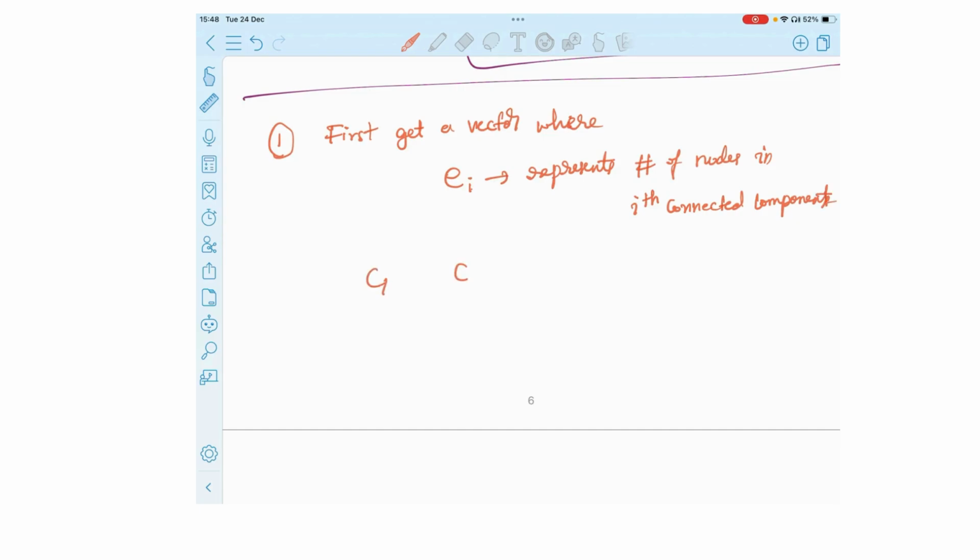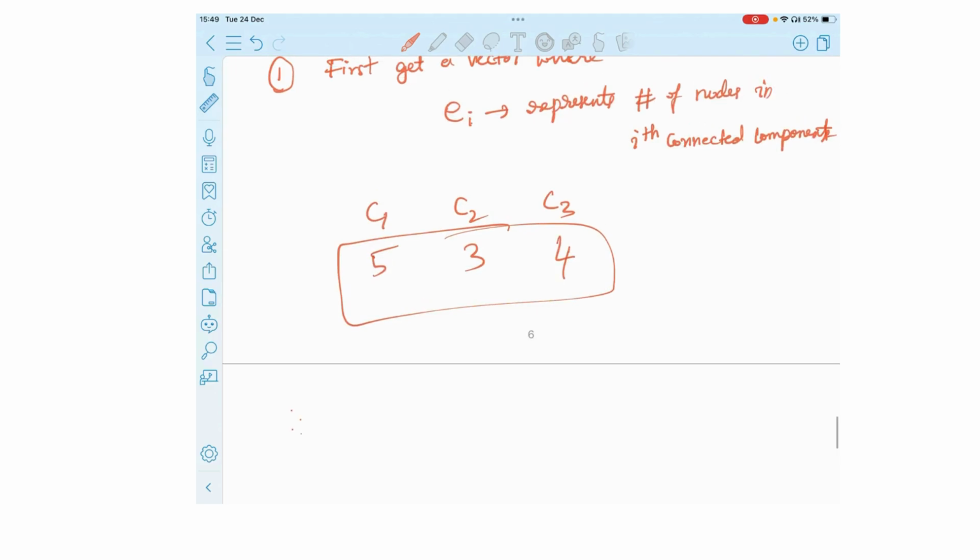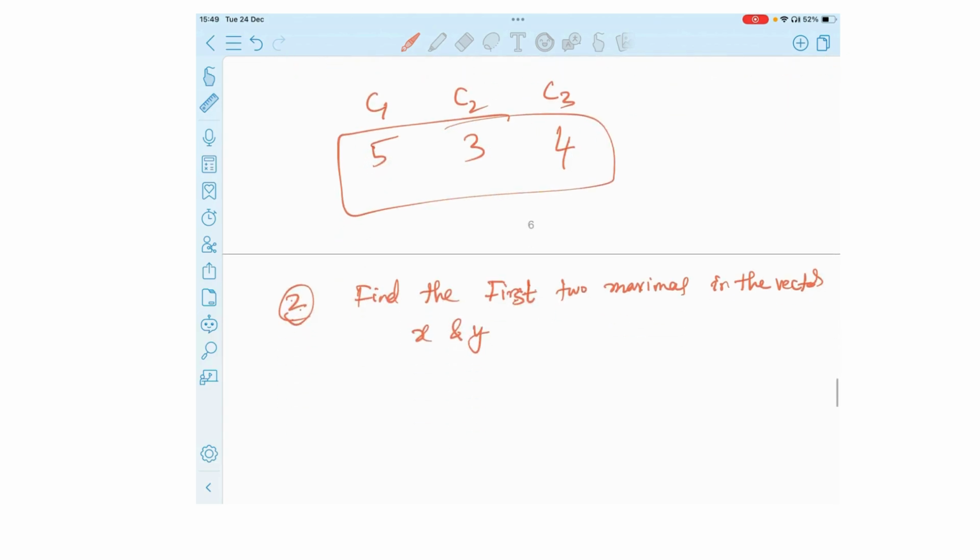Let's say there are C1, C2, C3, three connected components, and C1 has 5, and C2 has 3, and C3 has 4 nodes. So I have to somehow get this vector finally, and then find the first two maximas in the vector. Let's say X and Y are the first two maximas in the vector.